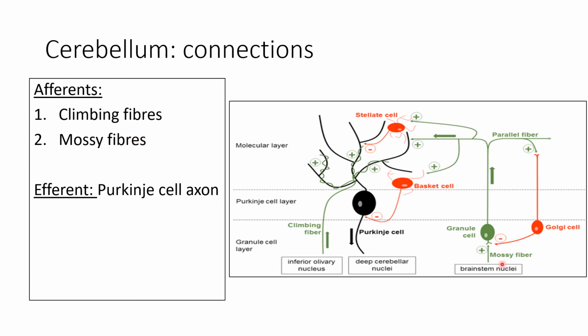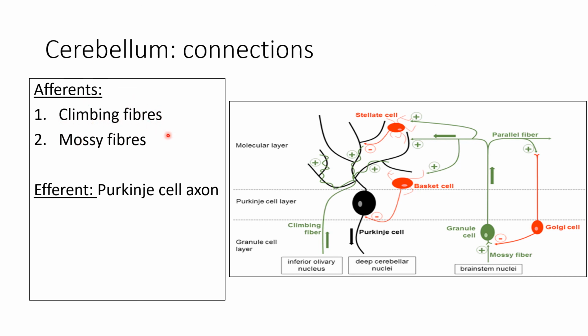All other fibers coming to the cerebellum, cerebello-reticular, cerebello-pontine, all these are from the brainstem nuclei, and they are mossy fibers. So the rest are all mossy fibers.